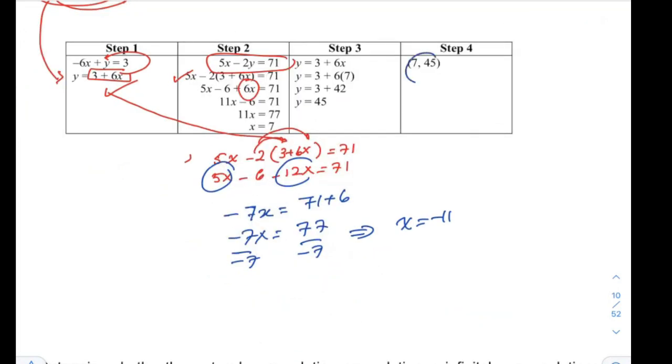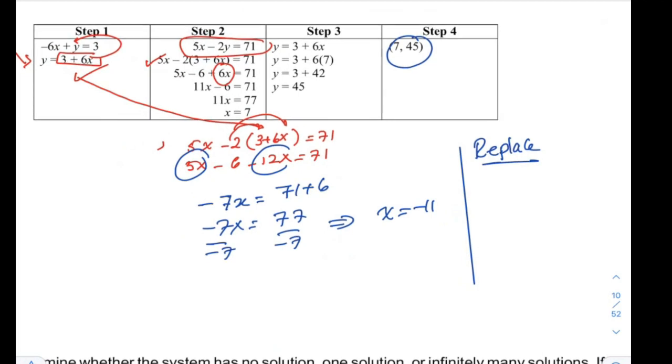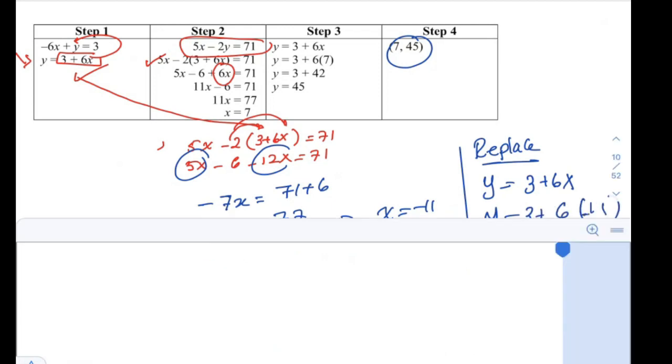Now, to obtain the solution, we need to solve for x and y. We have one value, so we need to replace. You are free to choose any equation, but be smart and choose the best one. Since we have already solved for y as y equals 3 plus 6x, then you can choose this equation and replace the negative 11 here.